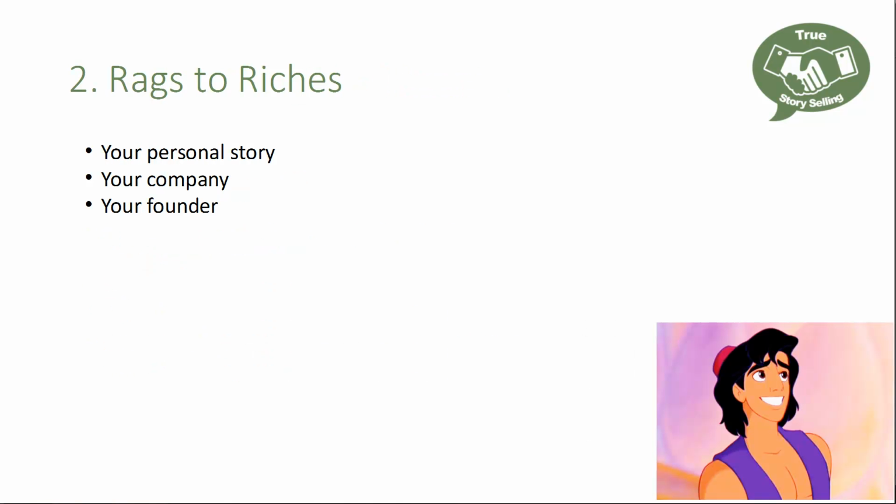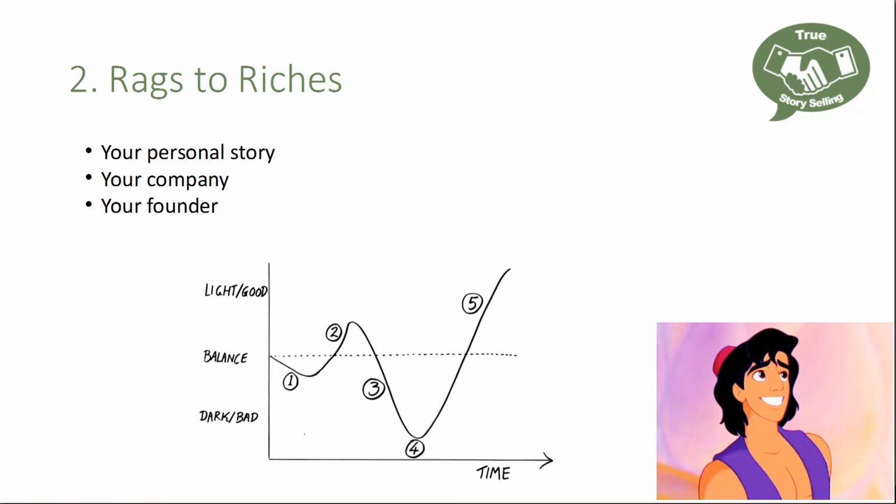Plot 2 is Rags to Riches. So, we're all familiar with the Rags to Riches story. To an extent, Rags to Riches plays out in our own lives to varying degrees. Examples include Jane Eyre, Great Expectations, Aladdin, The Ugly Duckling, and again we have this sort of five phase development in the plot, where we're introduced to Aladdin.